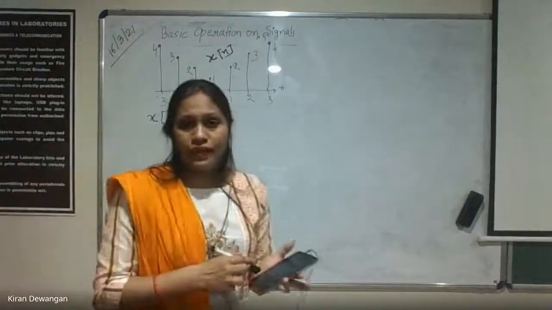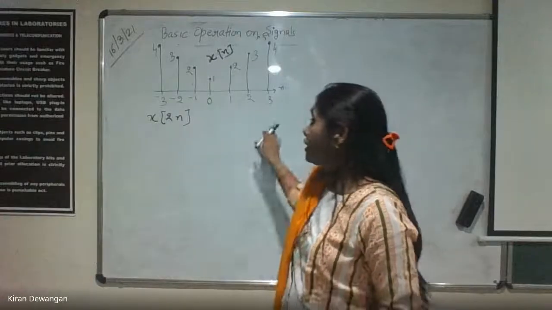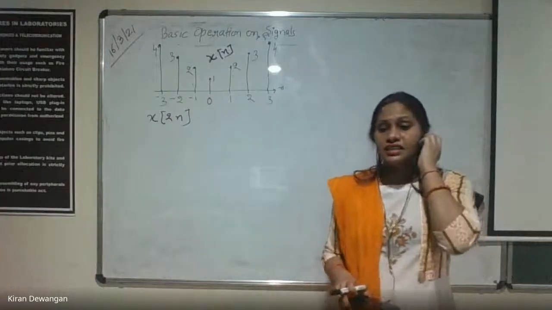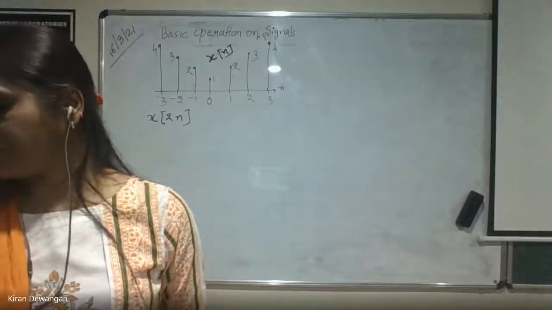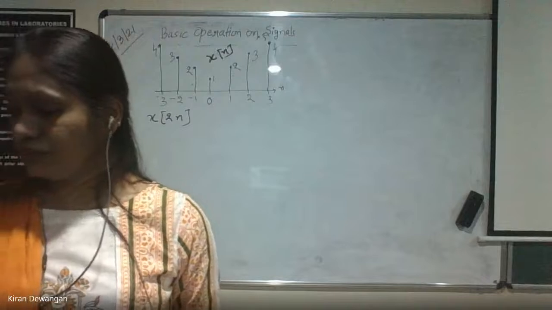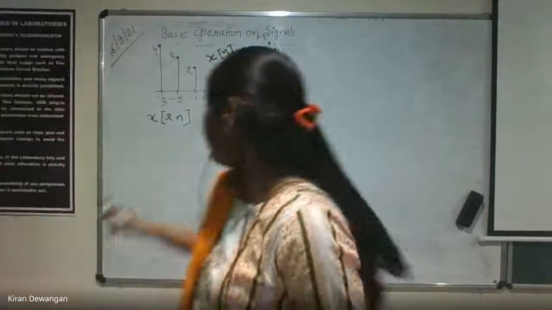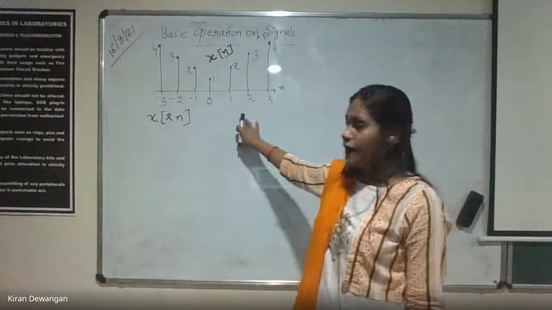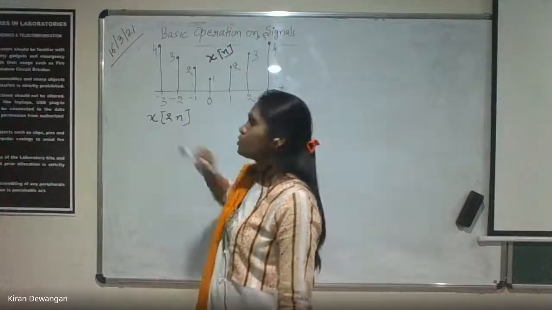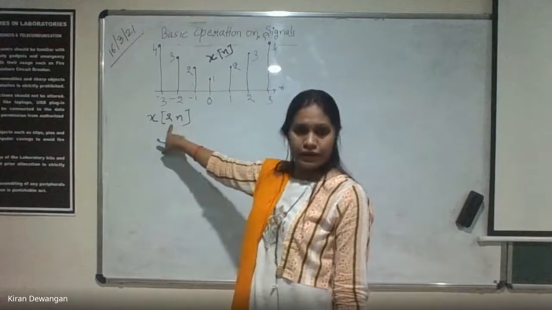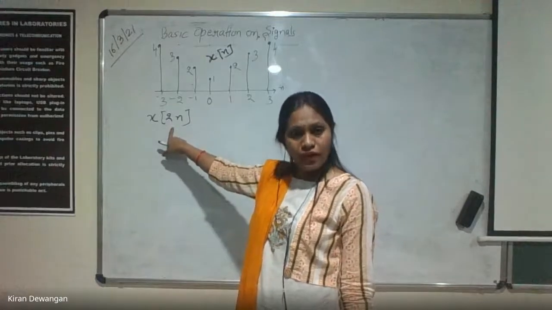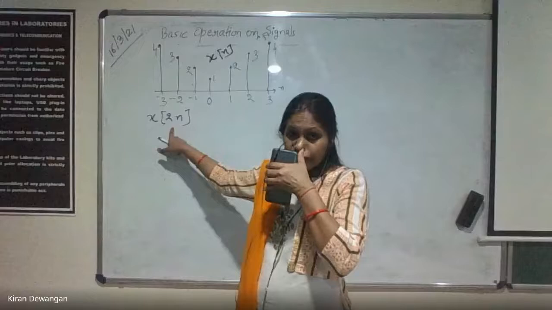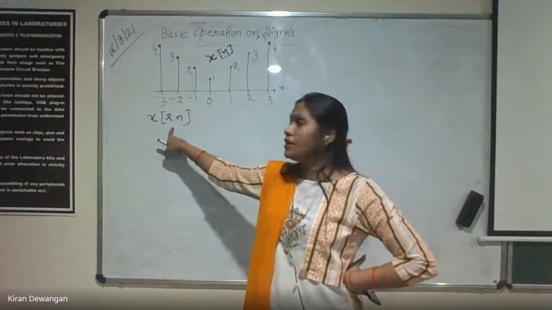Now we have to plot x of 2n. How will we plot x of 2n when it is given in discrete form? Again, the same formula is applied. We'll have to check with this value, this is alpha. Now it's greater than 1.